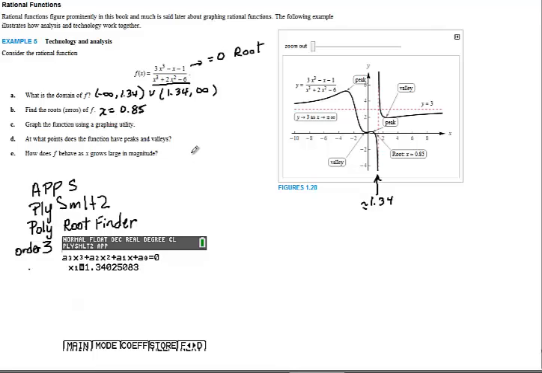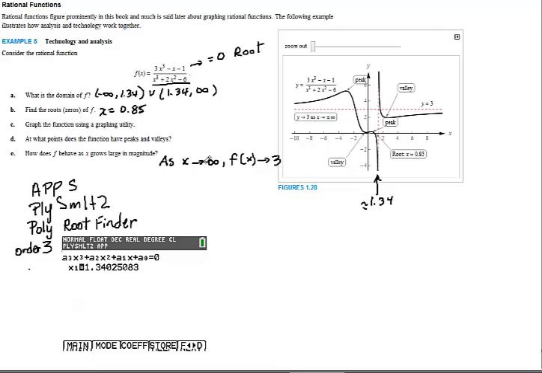At what point does the function have peaks and valleys? Of course, those are listed, and those are just as we think they would be. How does it behave as x grows large in magnitude? I would say this for this function: as x approaches infinity, f of x goes to, looks like it's approaching 3.